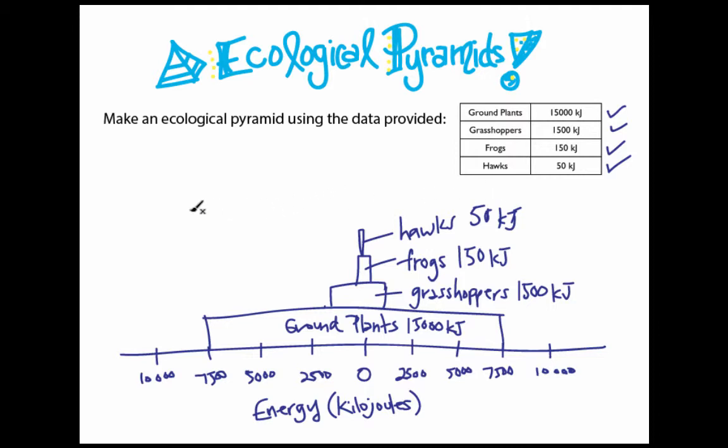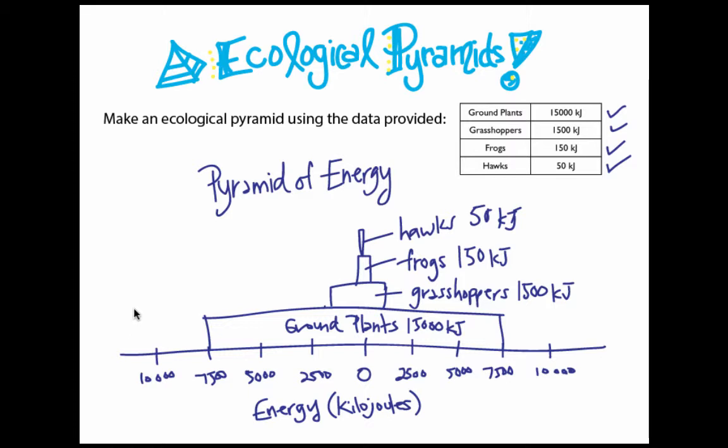The title for our graph would be Pyramid of Energy. And what you should notice is that it illustrates the 10% rule. Only 10% of energy is actually transferred from one trophic level to the other.